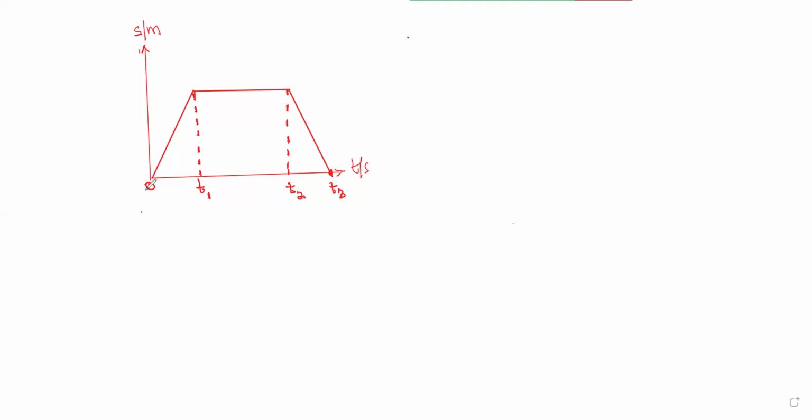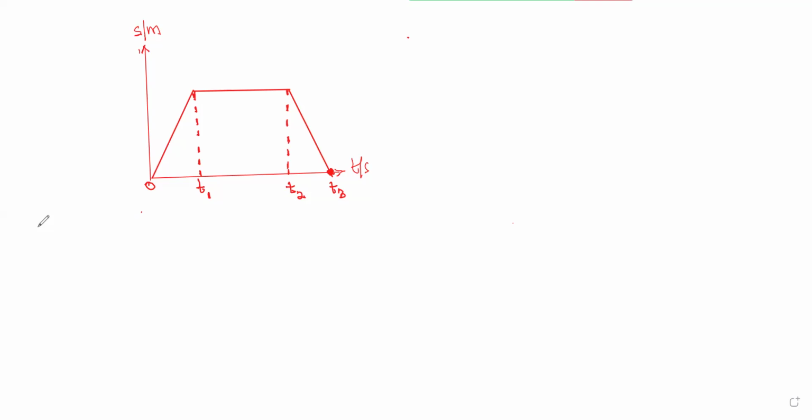Here, I am not clear. So, you see, yesterday I said that the moment the graph touches the time axis, it means the displacement is 0. So here, the body returns back to its starting point.